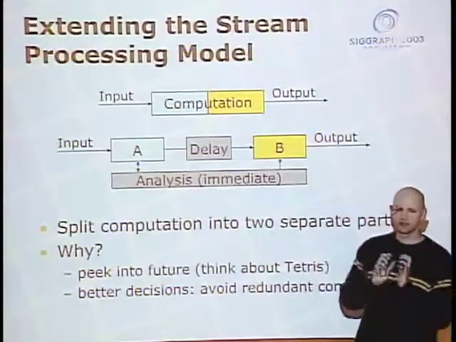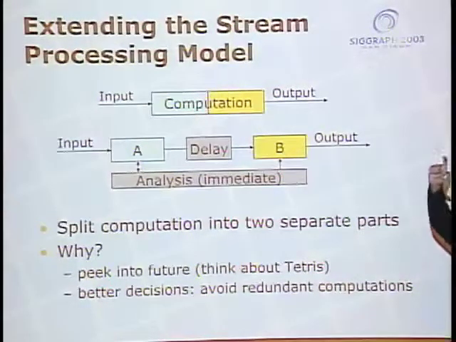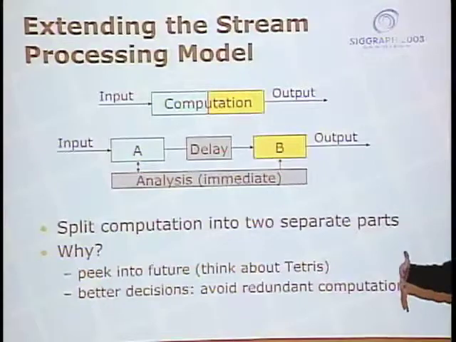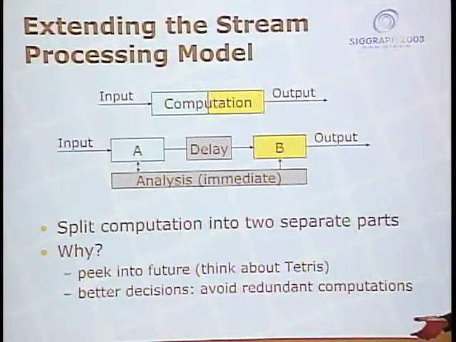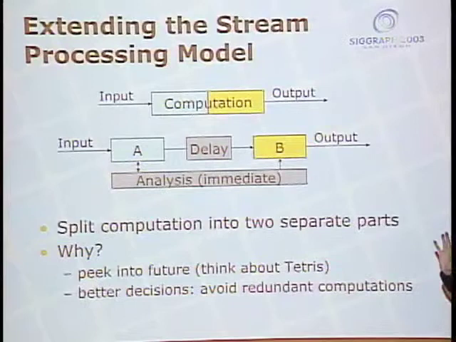The goal here is to take the computation and split it into two parts. The good way to explain this is Tetris. You can be a better Tetris player if you're seeing what comes next. If you know that something's coming down the pipeline, then you make better decisions. You know that the next thing is going to be the long skinny piece, so you're going to leave this big slot for it to go down so you can knock out a whole bunch of stuff at once.